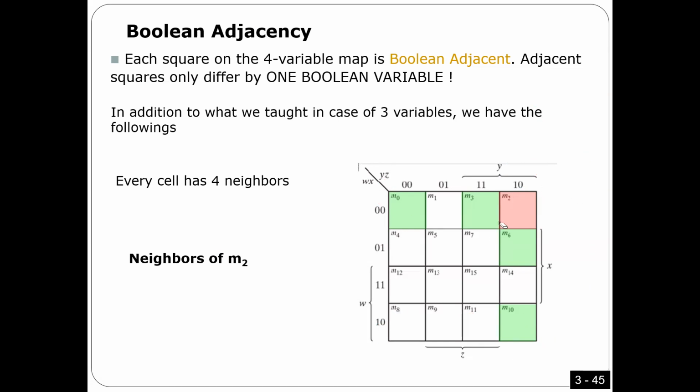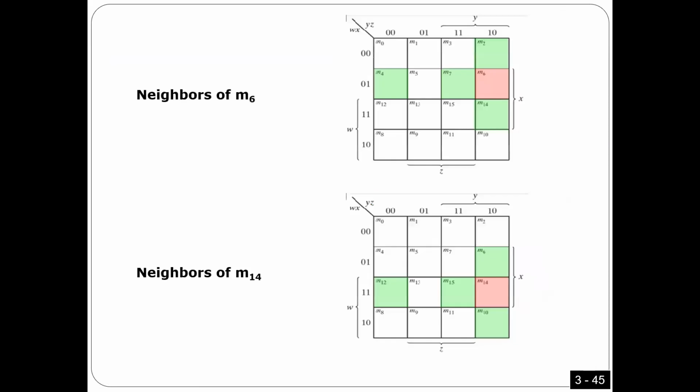That means for this one, this is a neighbor, but also because it is rolled this way, this is also a neighbor, and this one is a neighbor because it's rolled this way. Any questions? So every square has 4 neighbors. I give you here several cases: this is a neighbor, and this one is a neighbor as well. Again, if you are confused at any time, you already know the definition of neighbor.